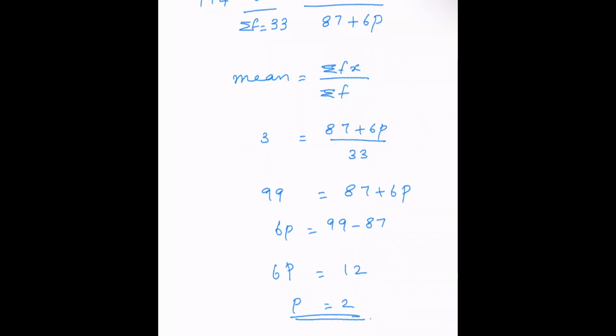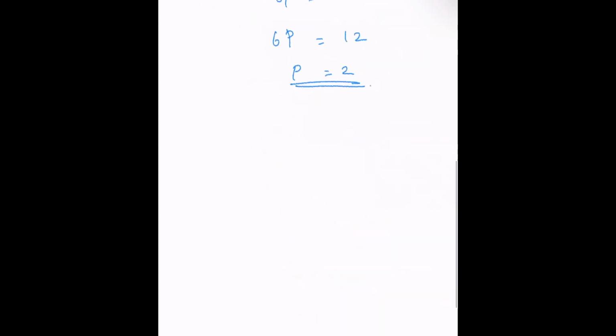Again, it's mean for grouped data. So all this while what we were doing is finding the mean for discrete data and for tabulated data. Now grouped data, mean for grouped data is what you're going to find out now. Let me give the heading, mean for grouped data.